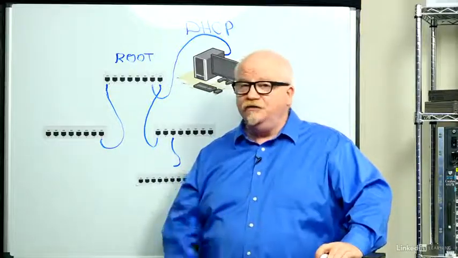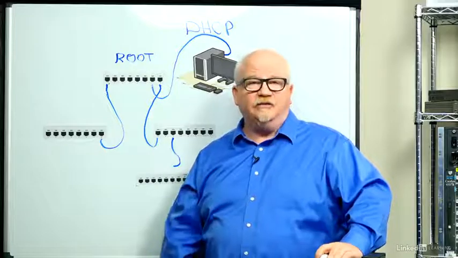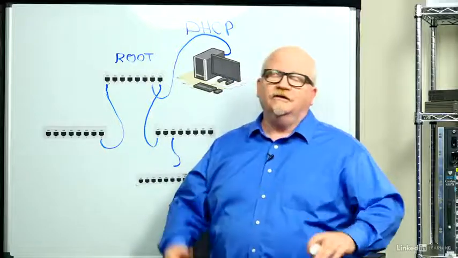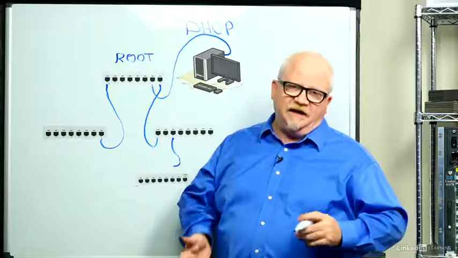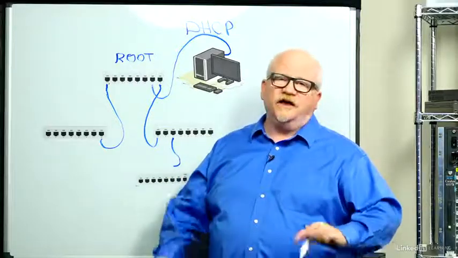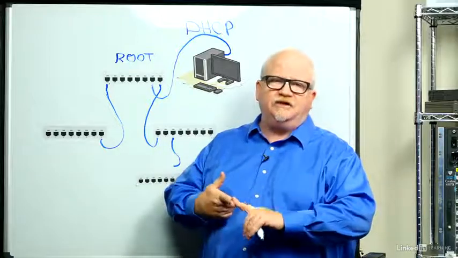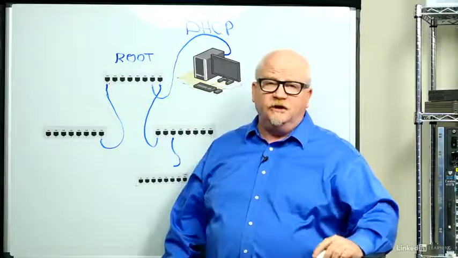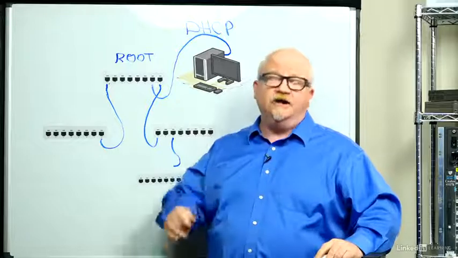It's a pretty powerful tool and a really great way to get around rogue DHCP servers. So remember, when it comes to spanning tree protocol, we've gone way beyond the basics. Looking for things like root guard, BPDU guard, and DHCP snooping are standard equipment on any good switch today.